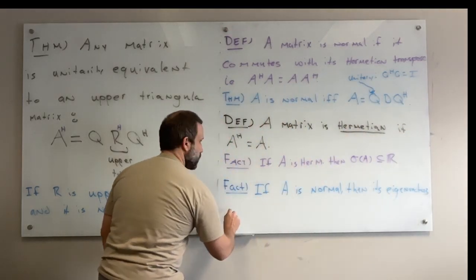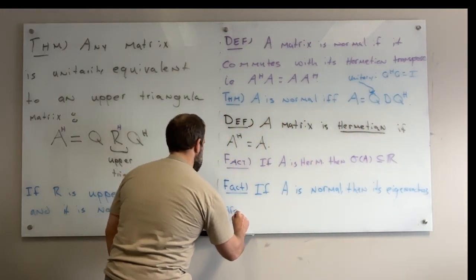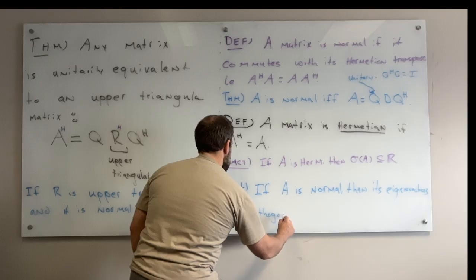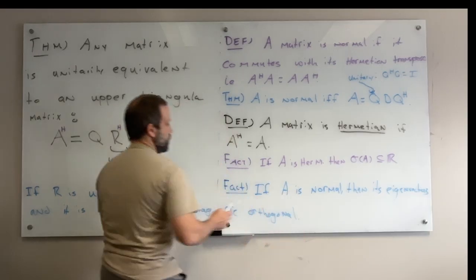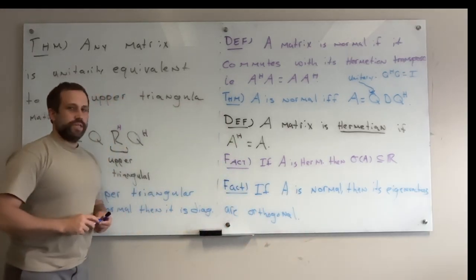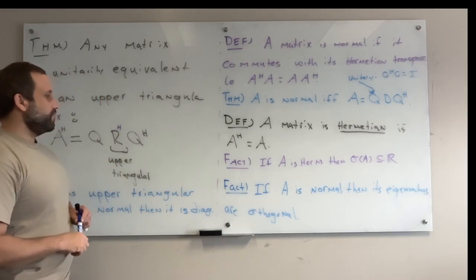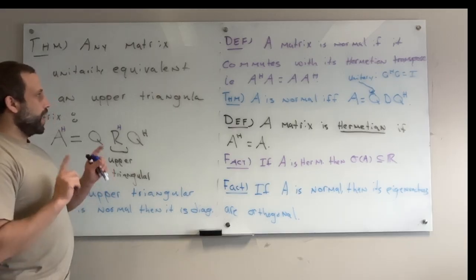They form an orthogonal set. If A is normal, then its eigenvectors are orthogonal. Okay, why is that?